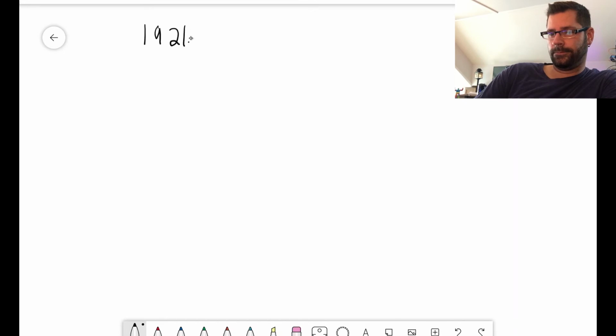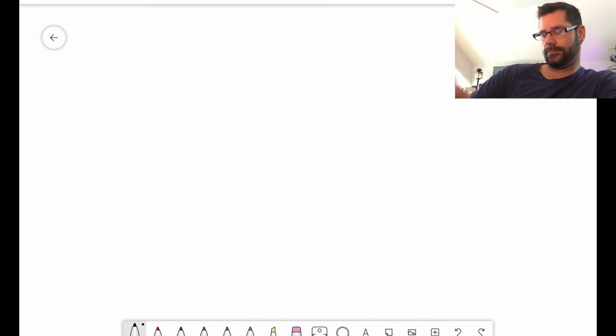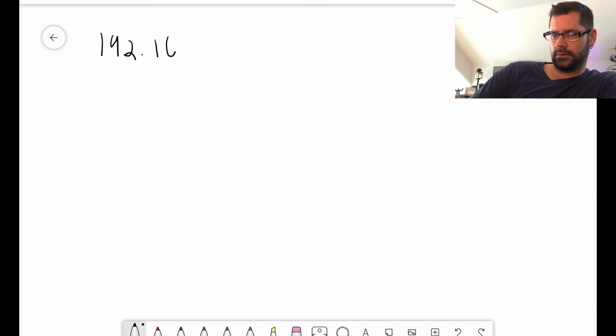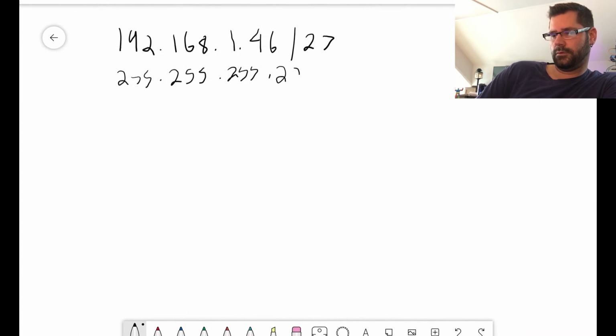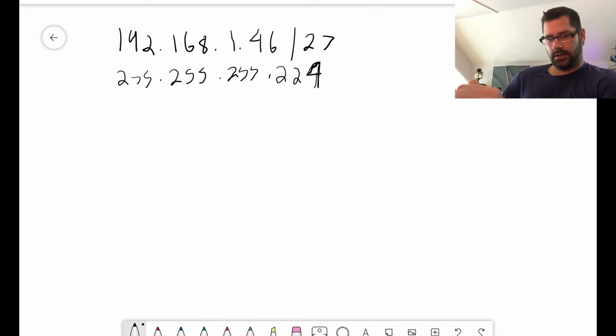So 192.168.1.46/27, with the subnet mask 255.255.255.224.